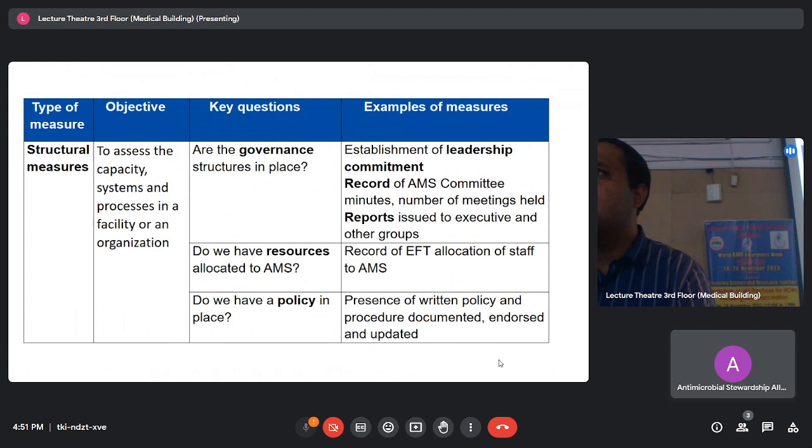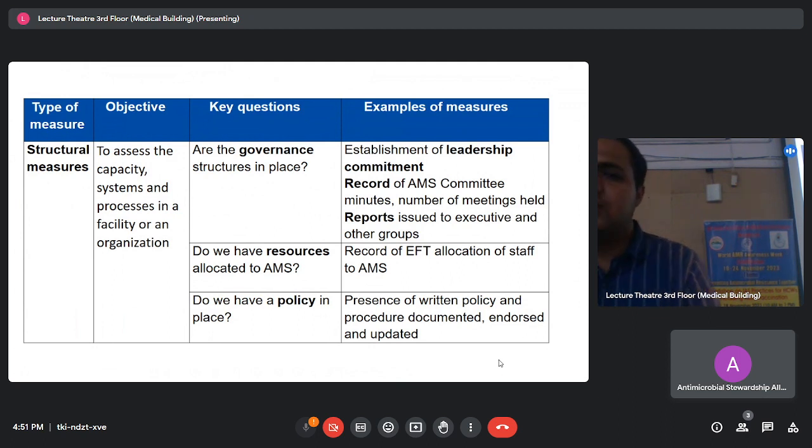These could be the committees which we have. Are they conducting frequent meetings? Is a record of all those meetings, the minutes of the meeting, being held in place? Then the reports which are being given. These all serve as a structural measure for the governance.